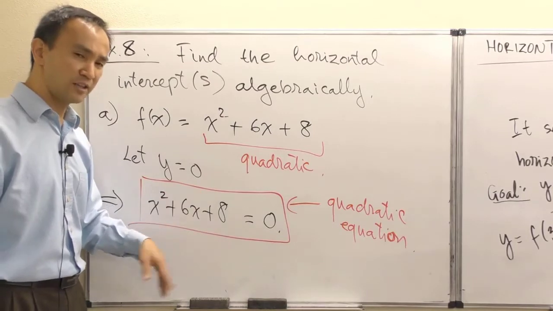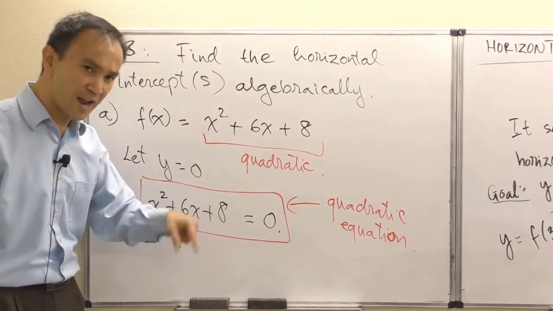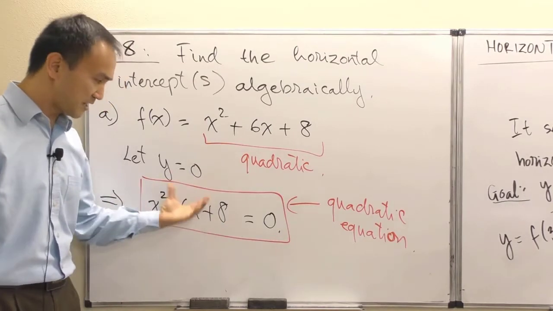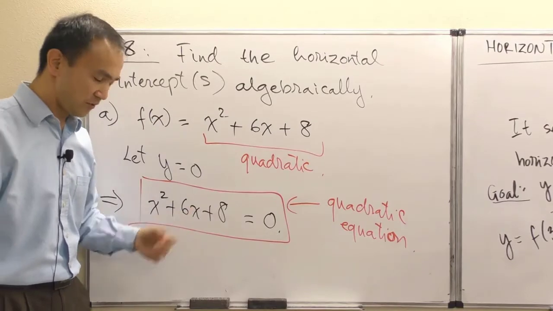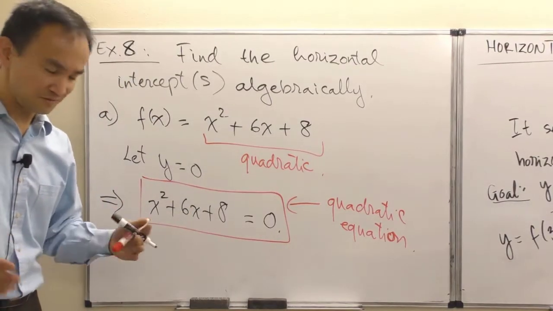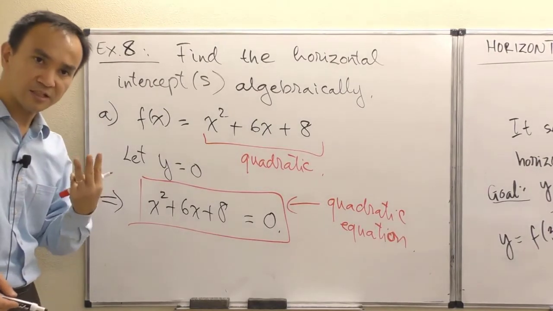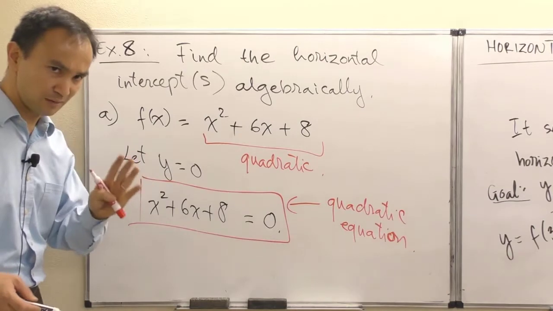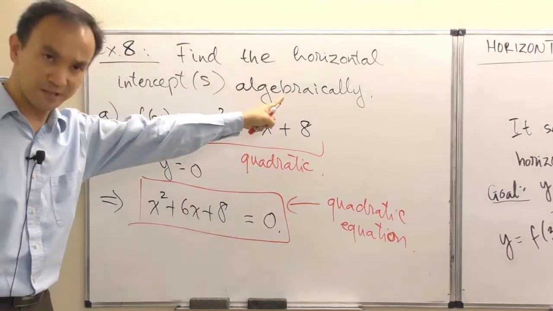Talking specifically about solving a quadratic for x, because we want the polynomial to equal 0, from your previous course we have 3 separate methods to solve algebraically.